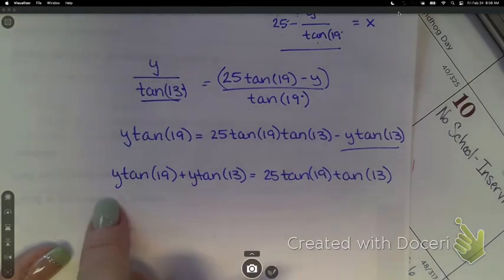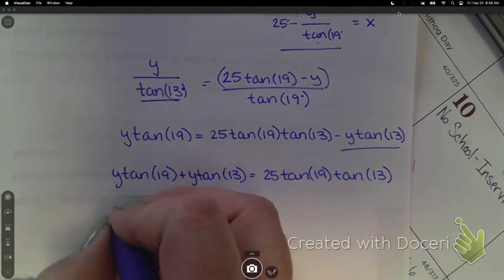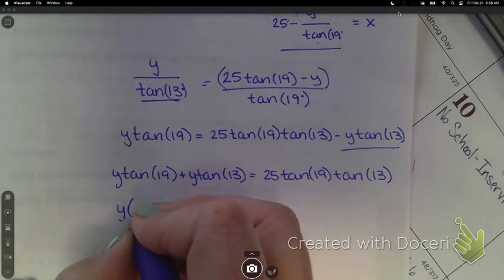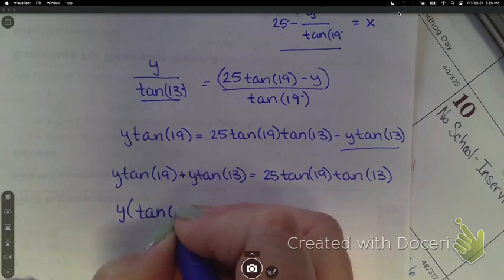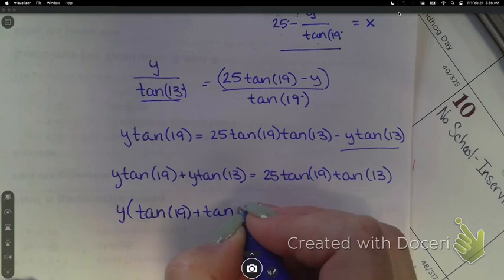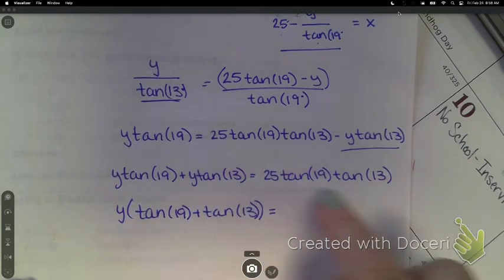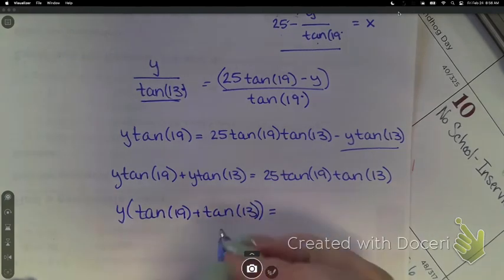Now I have two y's. I have two things with a y in each of them. Can I factor a y out? So I get y times tangent of 19 plus tangent of 13 equals all of this stuff again, yes? And then I just divide.